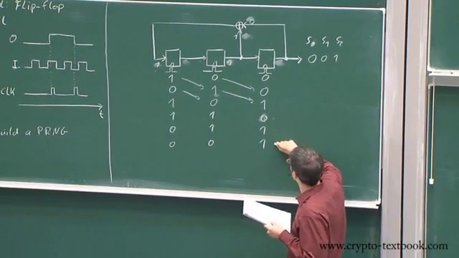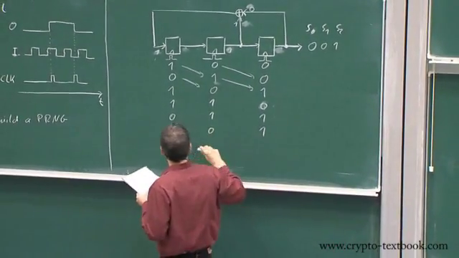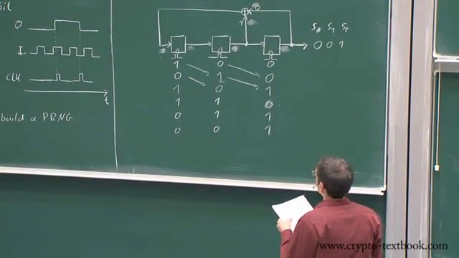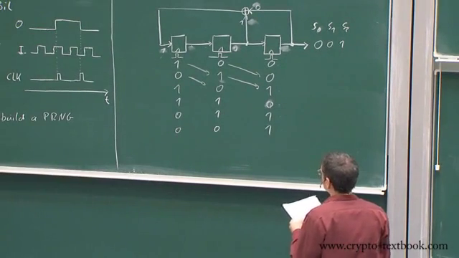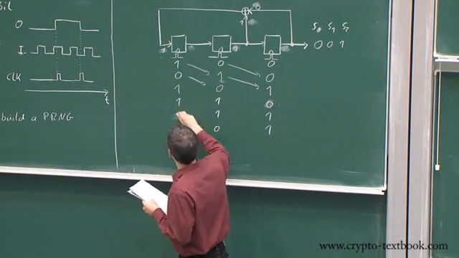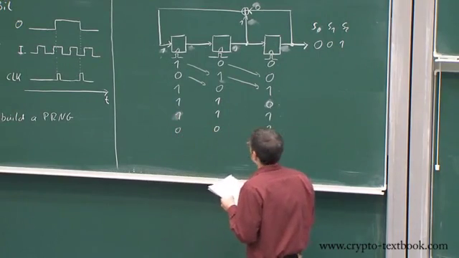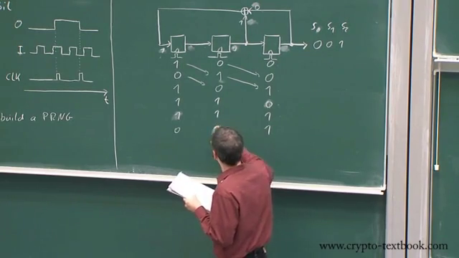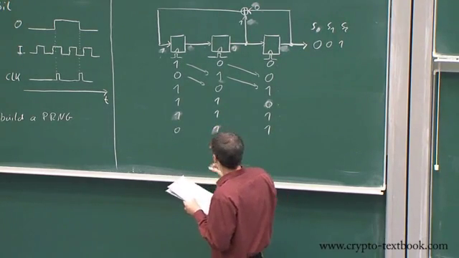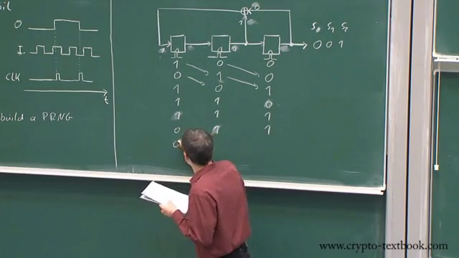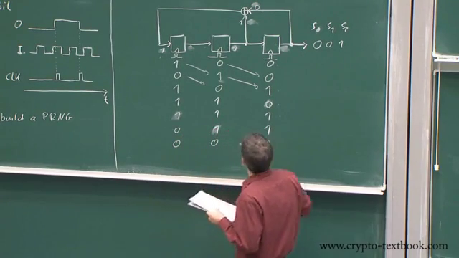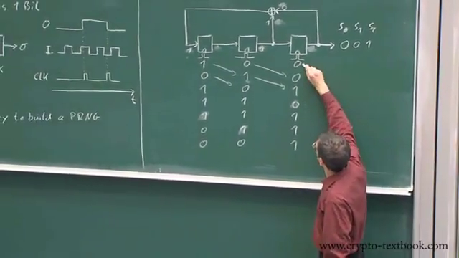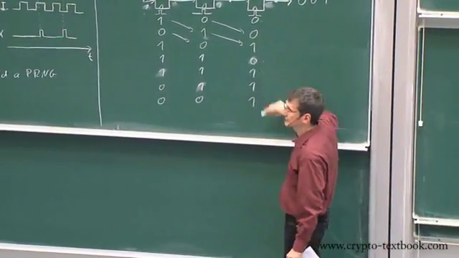Is this right? Yeah, I'll do one more. 1, 0, 1, 1, 1, 1, 0, 0, 1, 1. Okay, so I stop at this point here. So these are the first 7 clocks. 1, 2, 3, 4, 5, 6, 7.